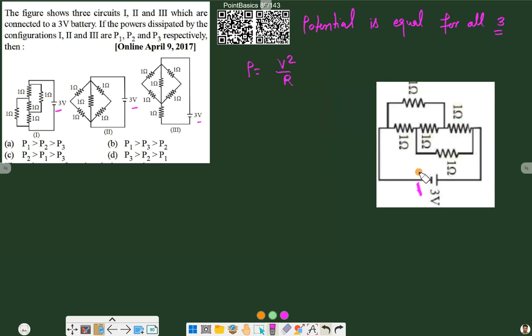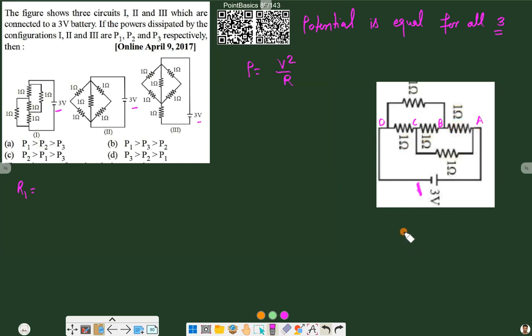Now suppose, let's mark the points. This is point A, point B, point C, and point D. And here we will write down the final resistance R1 for the first circuit. Now between point A and B there is 1 ohm resistance.